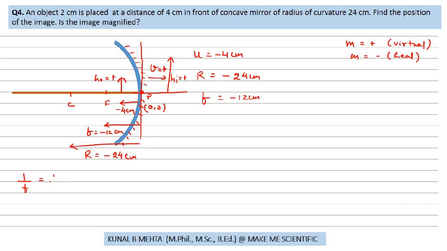So 1 upon f is 1 upon u plus 1 upon v. The 1 upon minus 12 is equal to 1 upon minus 4 plus 1 upon v. Solving further, 1 upon minus 12 plus 1 upon 4 equals 1 upon v.